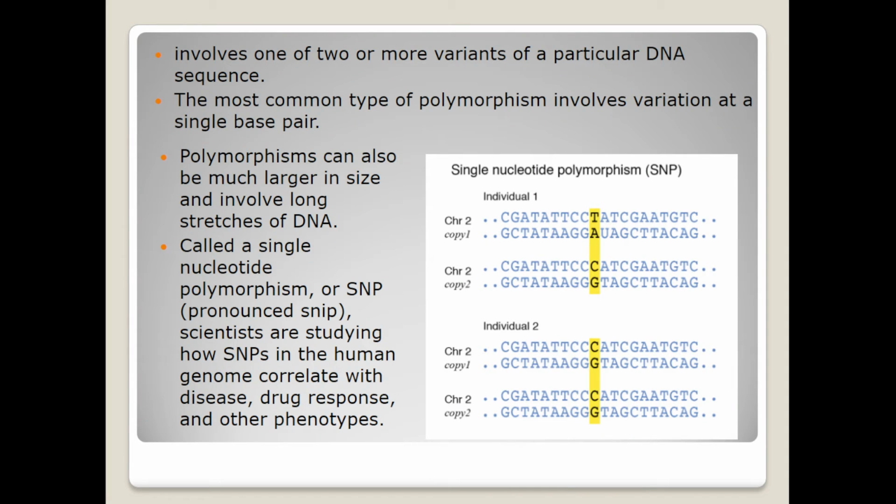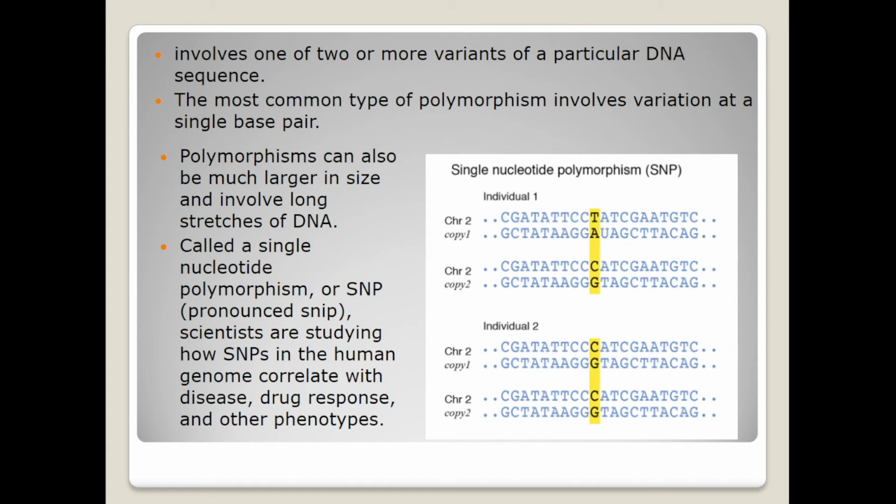Now again, I give you this picture information, and I use two individuals. The individual in the upper part has chromosome 2 copy 1 and chromosome 2 copy 2 from both parents, from mother and from father.